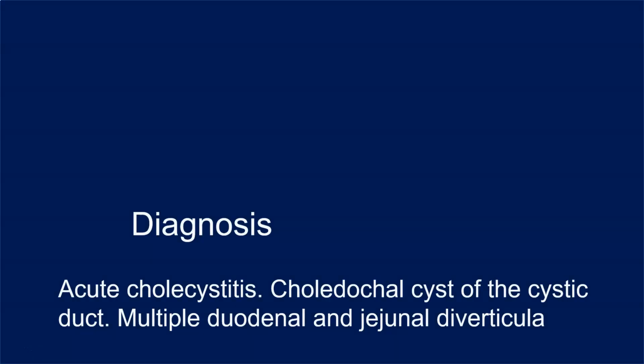So the diagnosis here is acute on top of chronic cholecystitis, which was found at histopathology to be xanthomatous, and choledochal cyst of the cystic duct with multiple duodenal and jejunal diverticula.